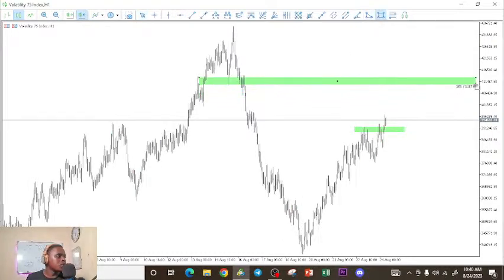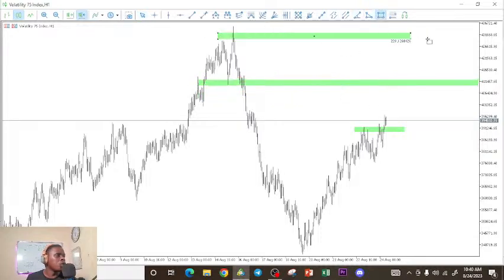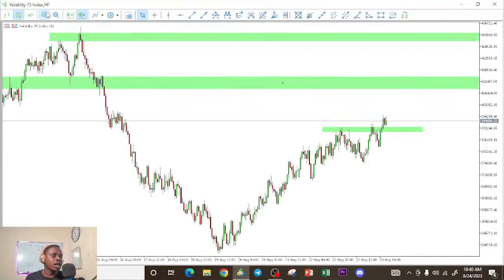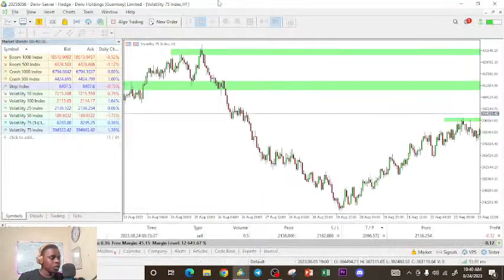Maybe to this zone, and if we are lucky enough, we can even go all the way to this zone. But I'm thinking that the market should come either to this zone before it reverses, because looking to the left, there is no zone that may reject the market here. So this one is a simple one, and we are just going to be buying this one, right?